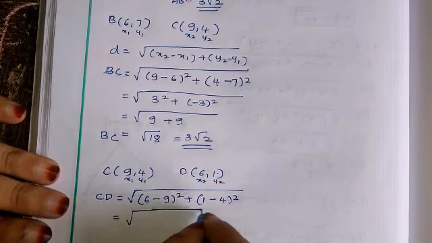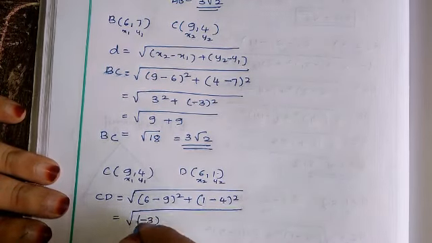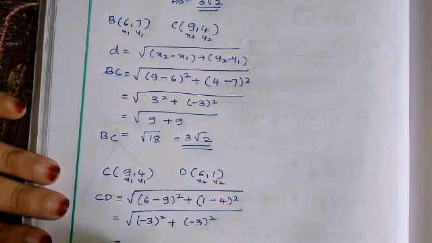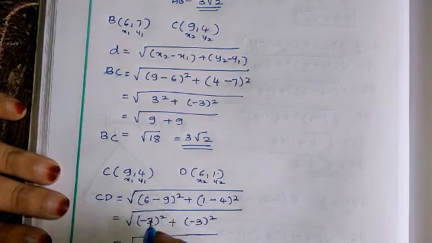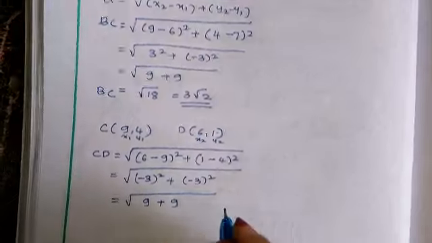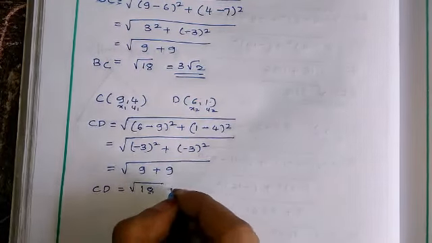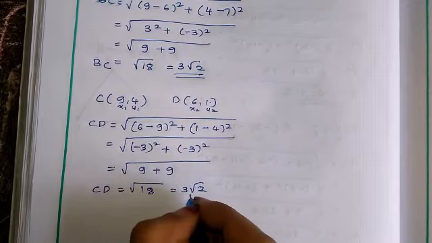So 6 minus 9 is again 3 square. 1 minus 4 is again minus 3 square. Minus to the power square is plus, so 3 square is 9. CD is also root of 9 plus 9, which is 18, and it is 3 root 2. 3 sides we got equal.